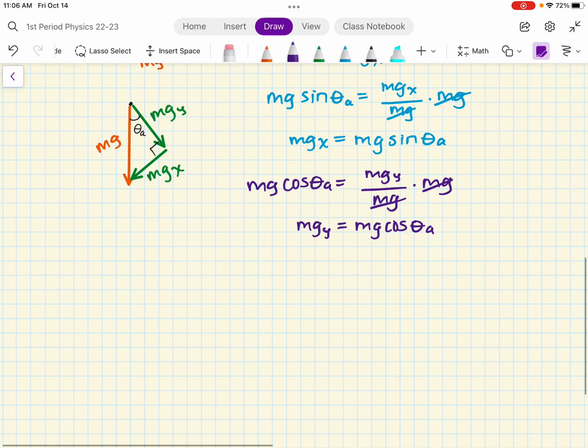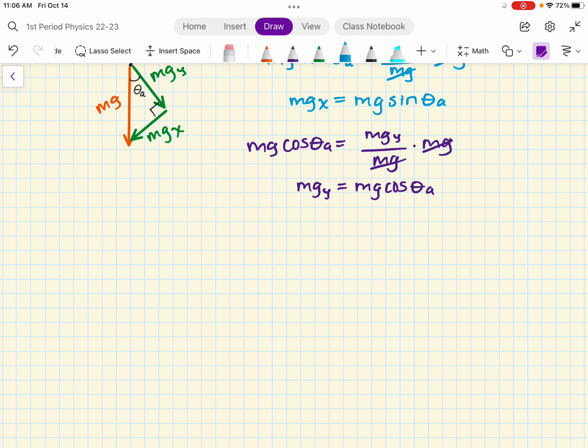So now let's find what the frictional force is. I know that the force of static friction is equal to mgx, which is equal to mg sine theta A. Now we just plug in our numbers.